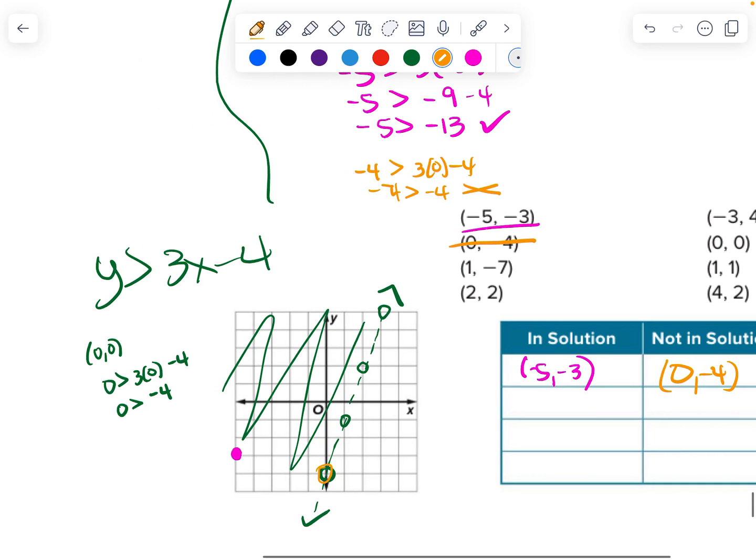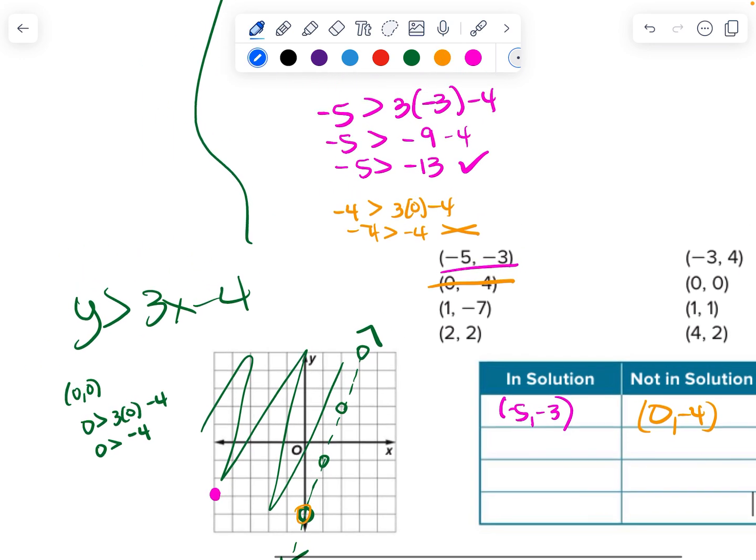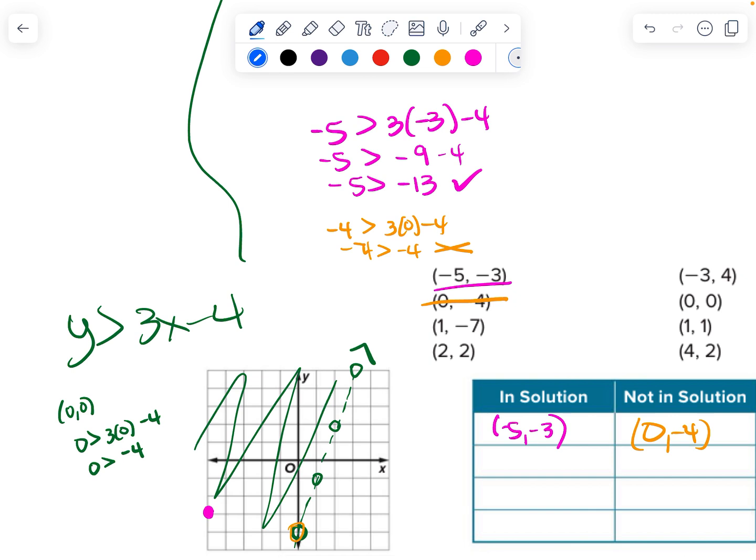Then if I used 1, -7. So -7 greater than 3 times 1 minus 4. So is -7 greater than -1? No, it's not. So 1, -7.